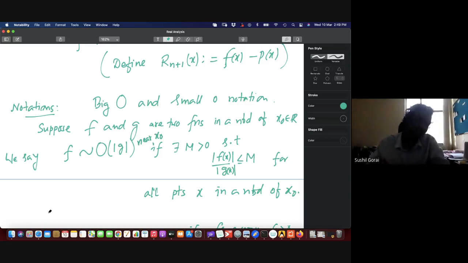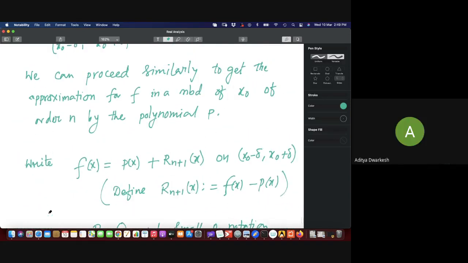Oh no, there might be other polynomials which will approximate near x naught.